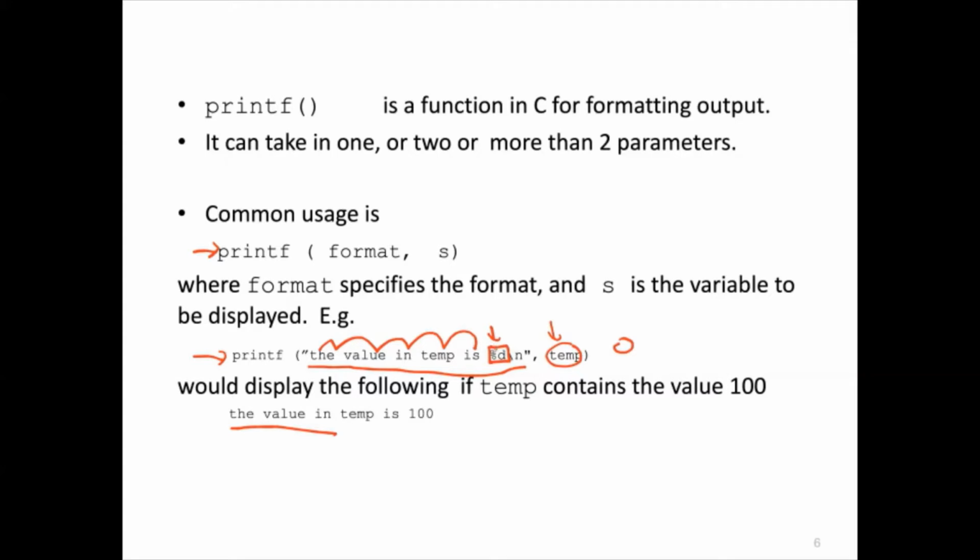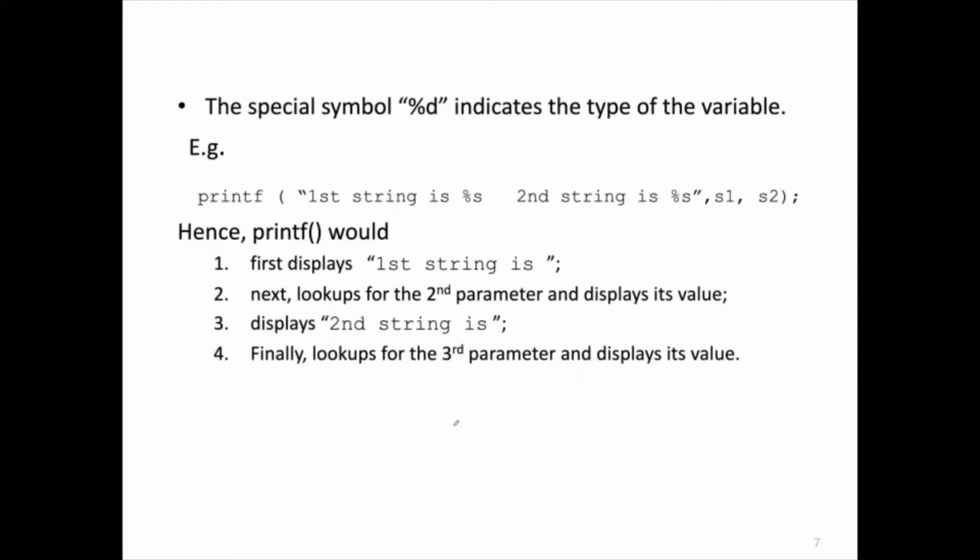When these three parameters, 1, 2, 3, are supplied to the library call, printf during runtime will scan this string starting from the left. So it starts to print, to display all this until it hits a percent.